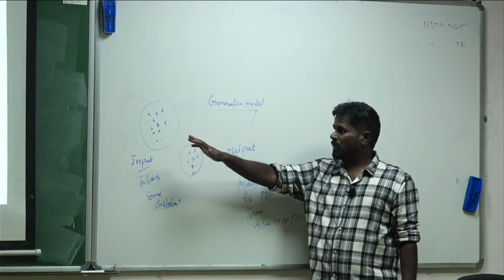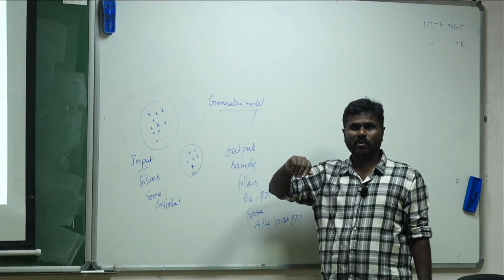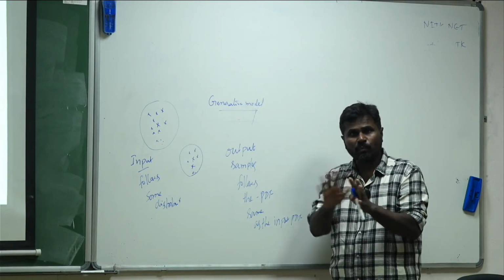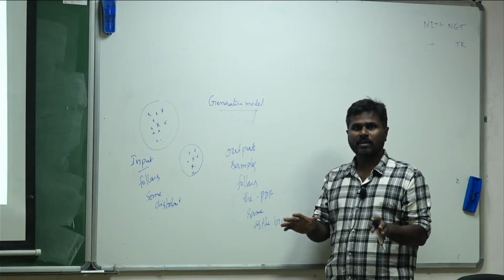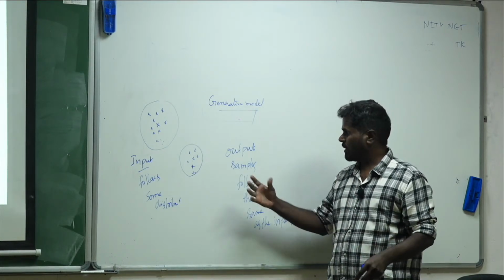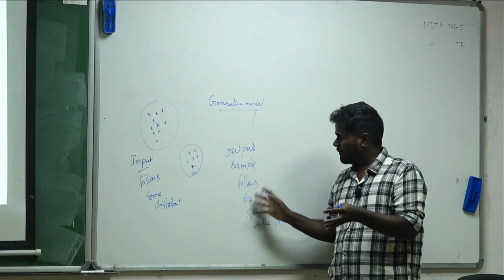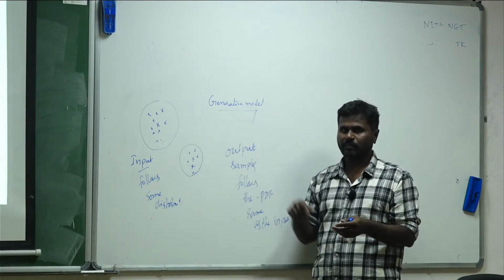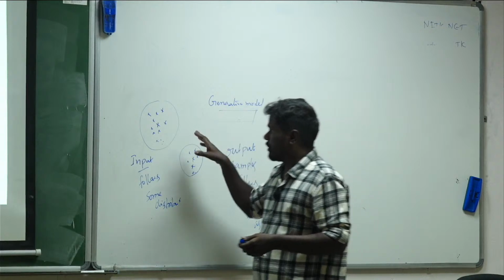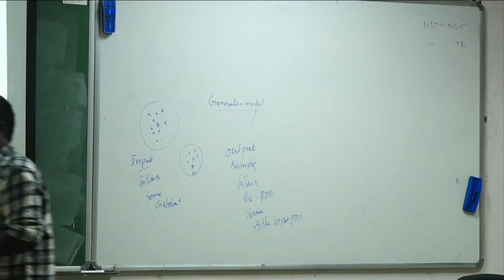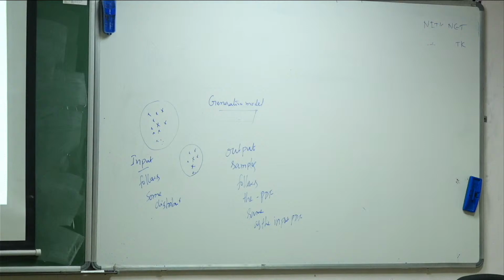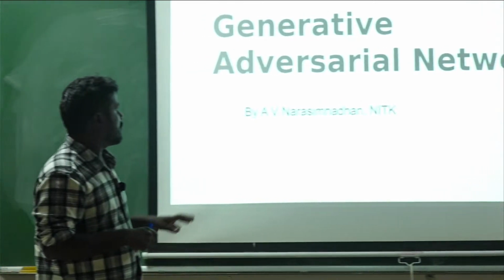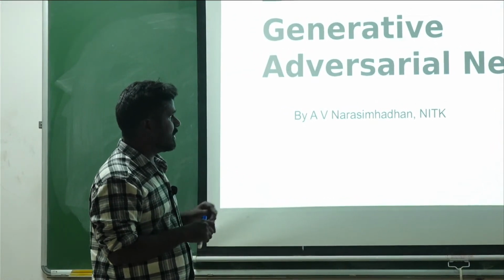Other generative models, such as the variational autoencoder, also generate new samples, but there is no concrete proof that they follow the same distribution as the input. GANs were introduced by Goodfellow in 2014 or 2015, I guess. Okay, so today we will talk about this.